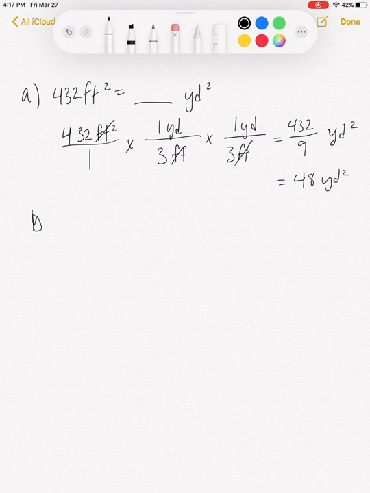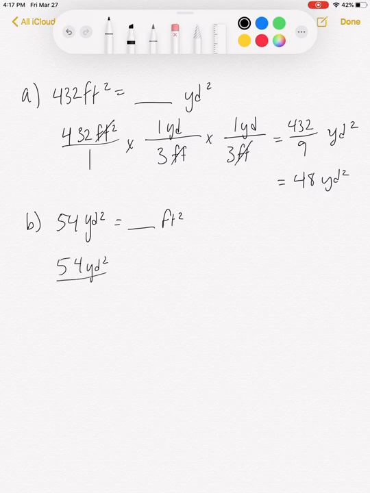B. Oops. In part B, I'm going to convert 54 yards squared to feet squared. Okay, so I start with my 54 yards squared, put over 1, multiply by, I need my yards to cancel, so my 1 yard will go down here and 3 feet up here.